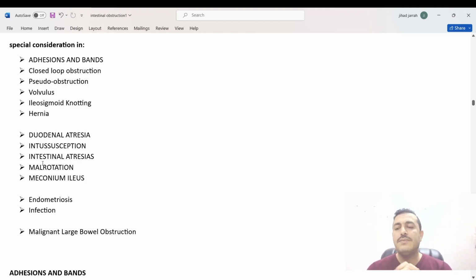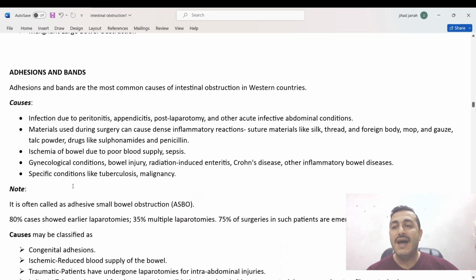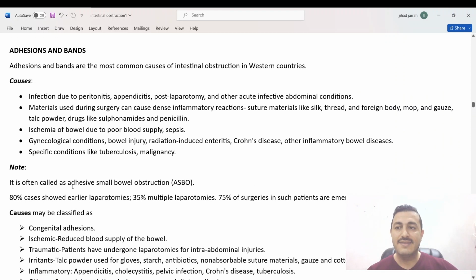We will take a look at how endometriosis and infection can cause obstruction, and at the end of this lecture we will see some principles of how to deal with malignant large bowel obstruction. It's extremely interesting for those who are interested. Okay, now we move to adhesions and bands.